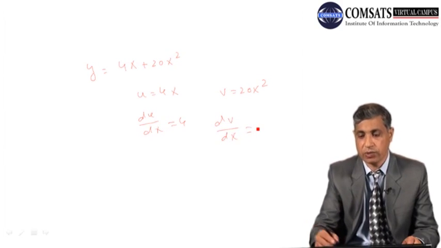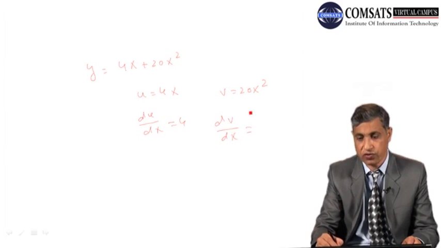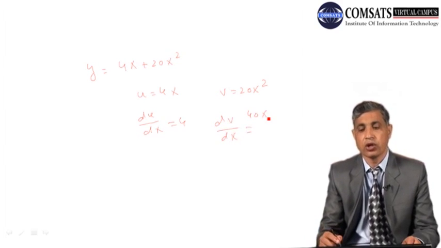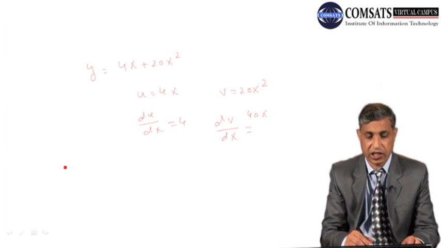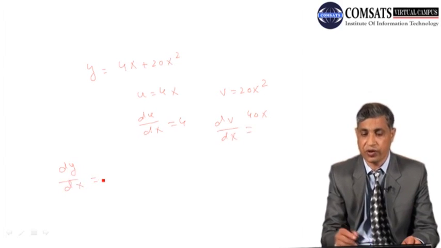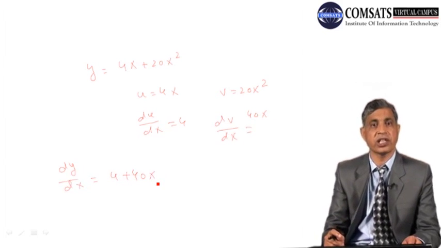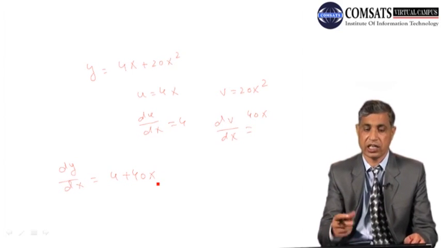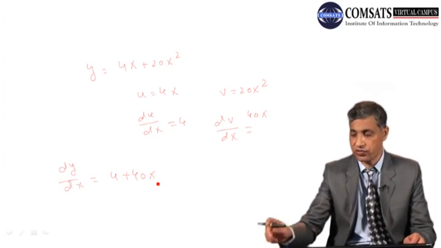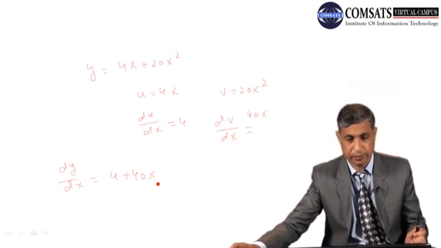It is 20 multiplied by 2, it is 40x. Then dy over dx will be just the addition of the two, that will be 4 plus 40x. And if there is subtraction, similarly, we will be subtracting this from the previous one.